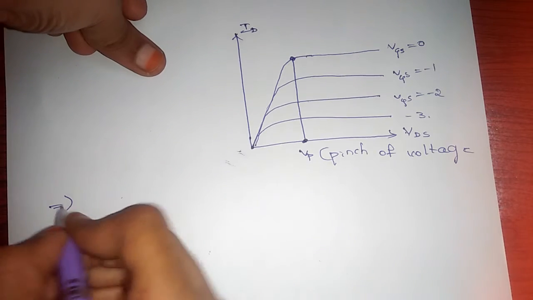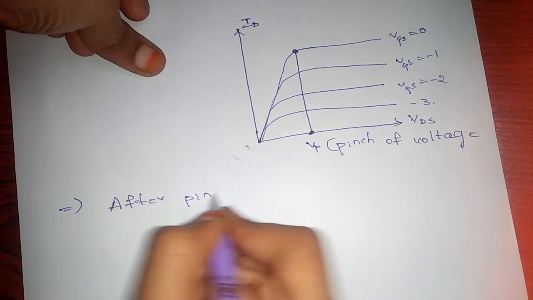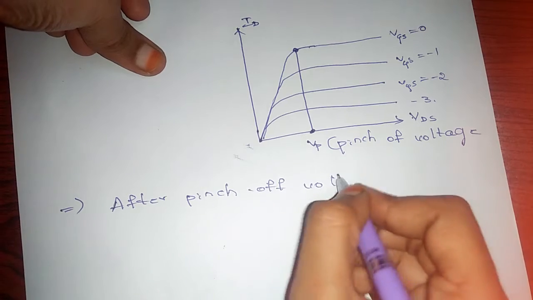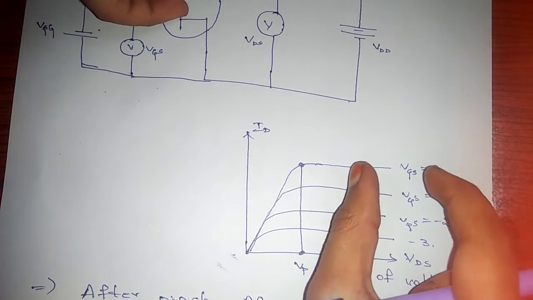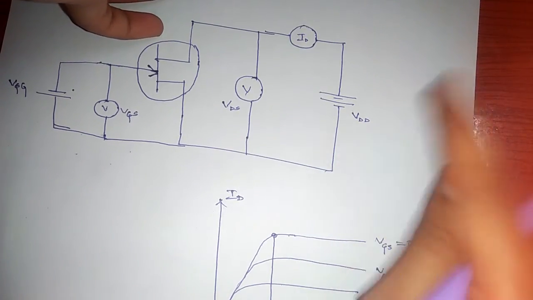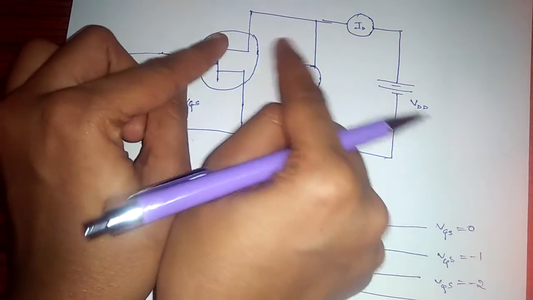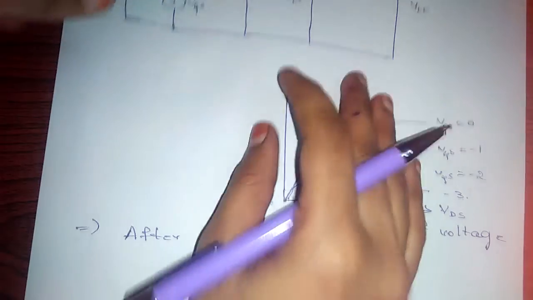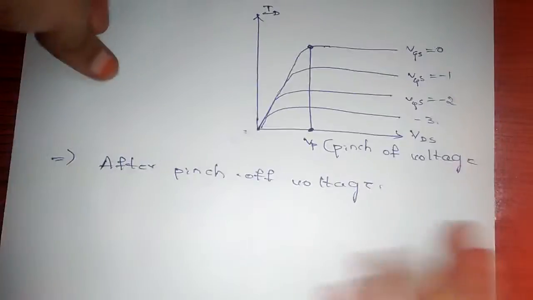You can notice that after the pinch-off voltage, the current will be constant despite the rise of VDD. Then the depletion layer regions will touch each other, so a constant current will flow. So that is the constant current after pinch-off voltage.